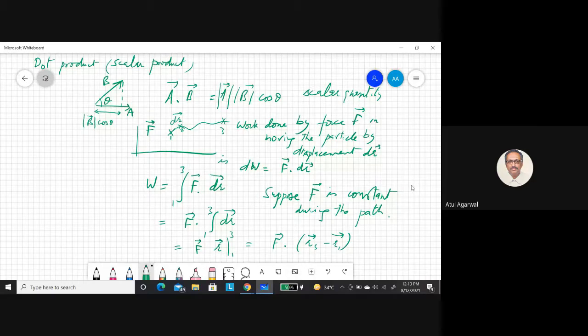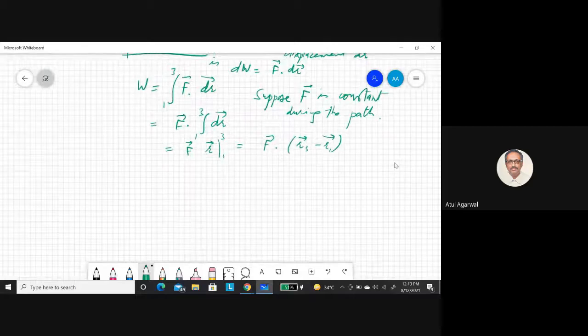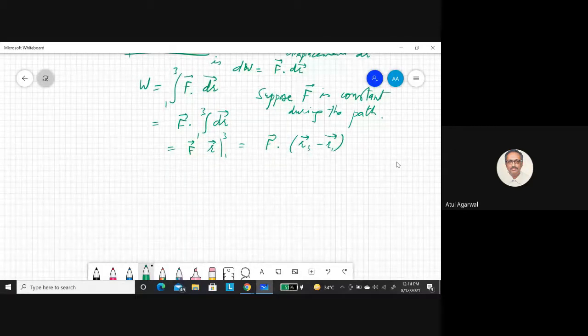So this way you see this dot product is a useful concept for finding the work. And we will use it quite frequently in this course. Okay.